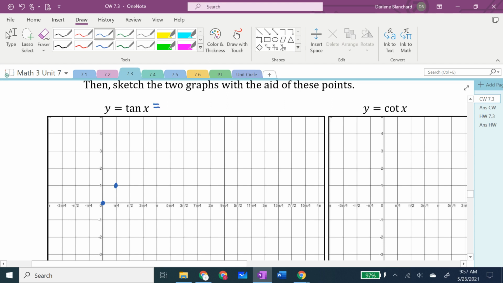I have told you that tangent is sine over cosine before? Okay. If you look at the fact that tangent is sine over cosine, and then you remember with rational functions, with rational functions, when the denominator is 0, you get a vertical asymptote.